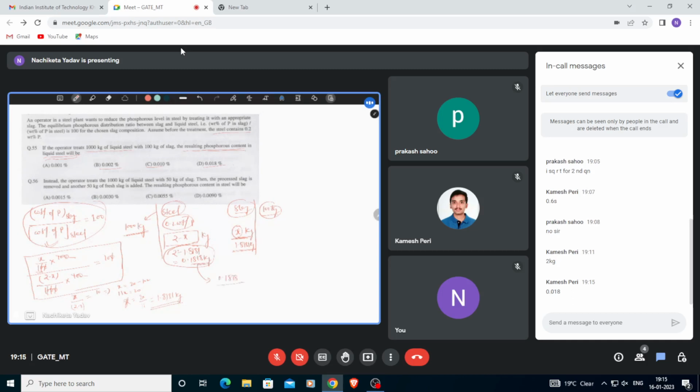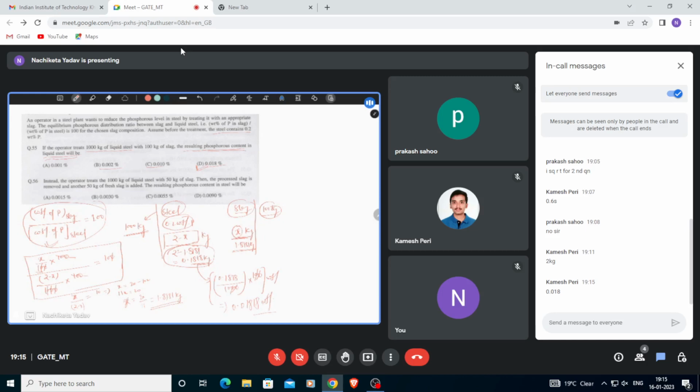The total amount of steel is 1000 kg, so this is per kg. For 100, this will be the amount in weight percent, or percentage you can say. Cancelling down, it will be 0.01818 weight percent. So option D is the right one. Is it okay?